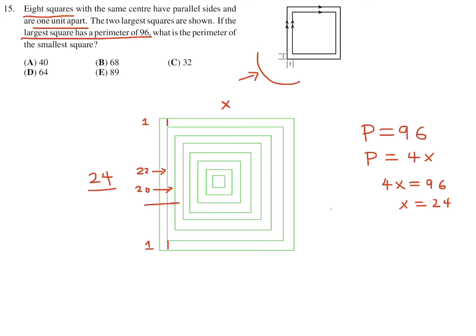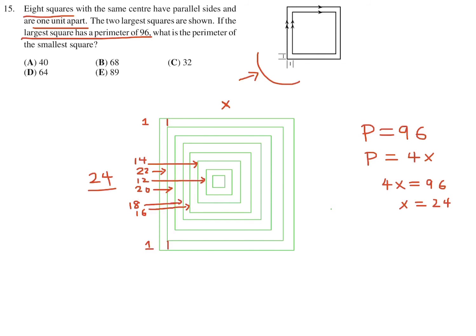And very similarly, you can do the exact same thing for the next square side, 20. And then the next square, 18. And you get the point. The next one looks like it's here, so that would be 16. And the next one over is this one. That is 14. And then the next one over is here. That's 12.